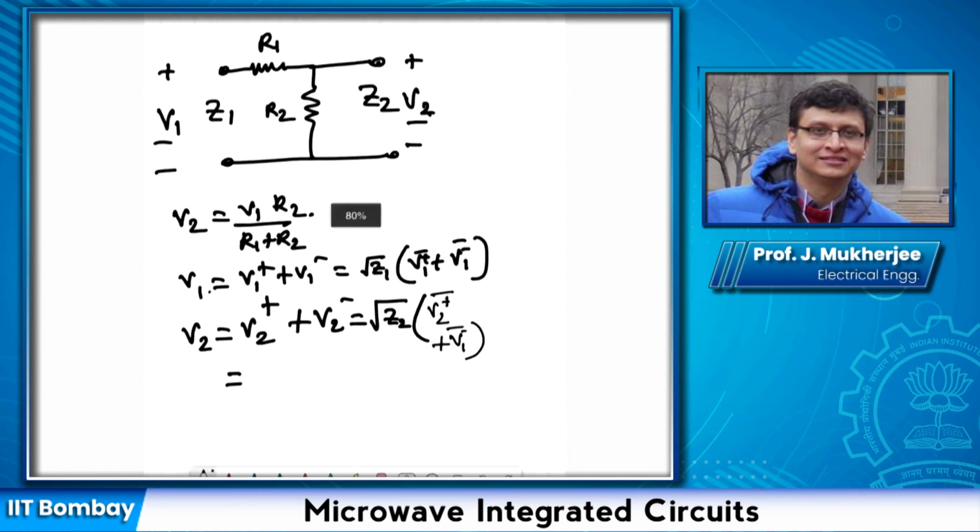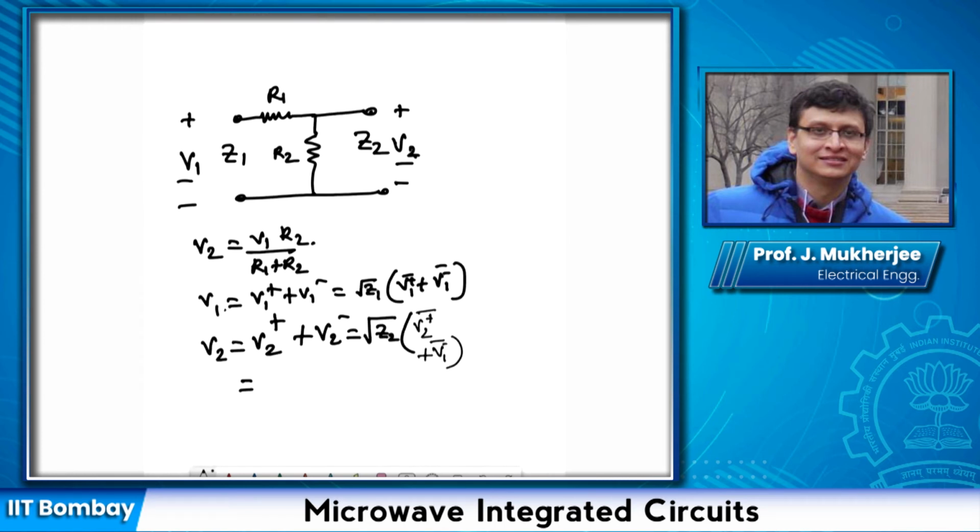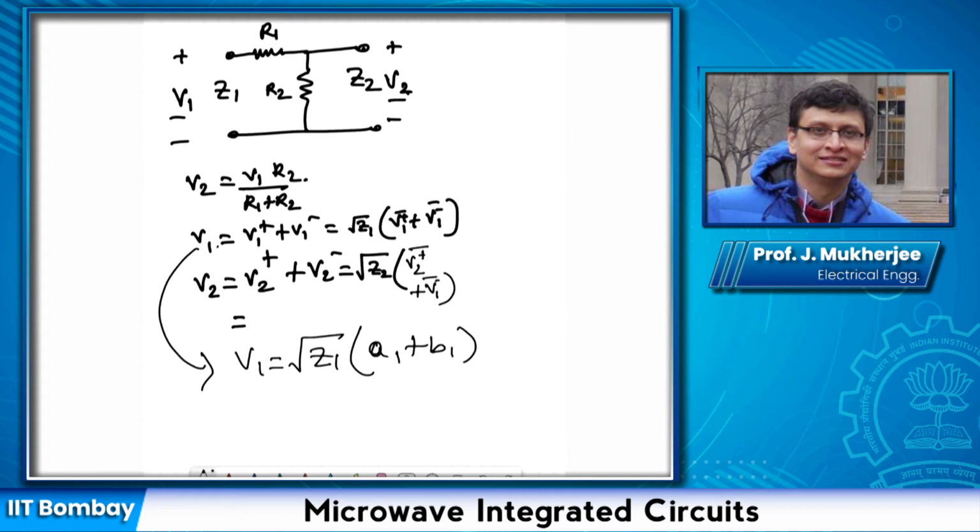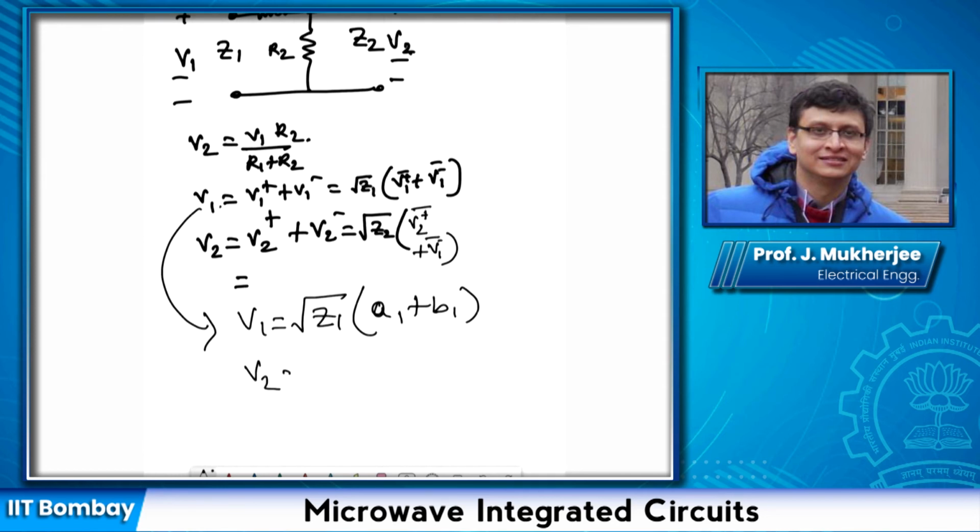Okay, so this is how we can write these two equations, and then using the same principles that we developed, we have a relationship between... so what I mean is we can further simplify this as V1 is equal to square root of Z1 A1 plus V1 and V2 like this.